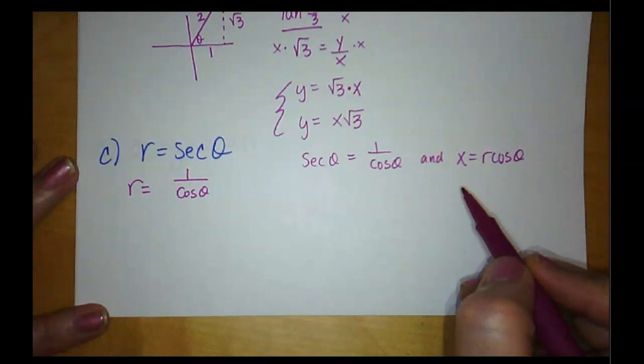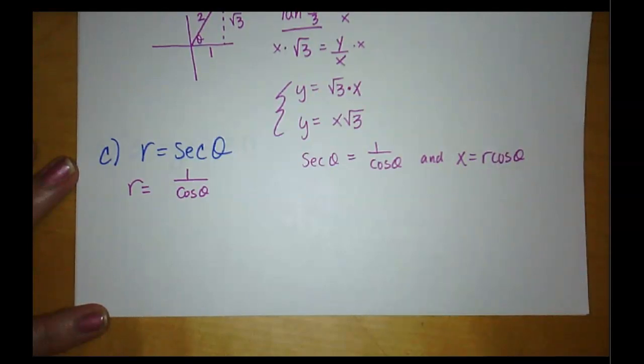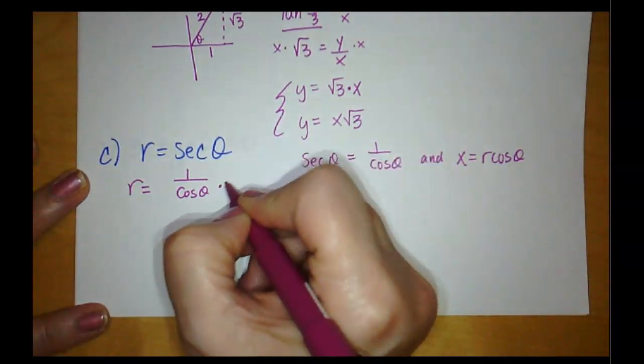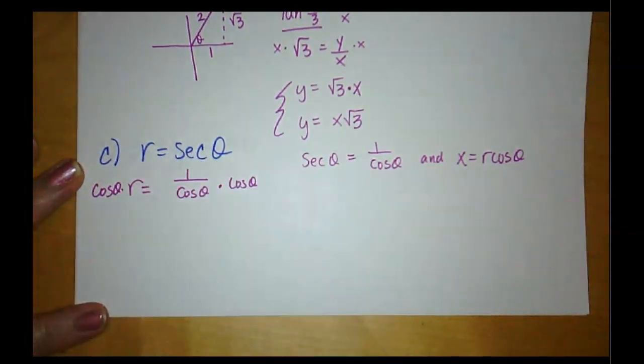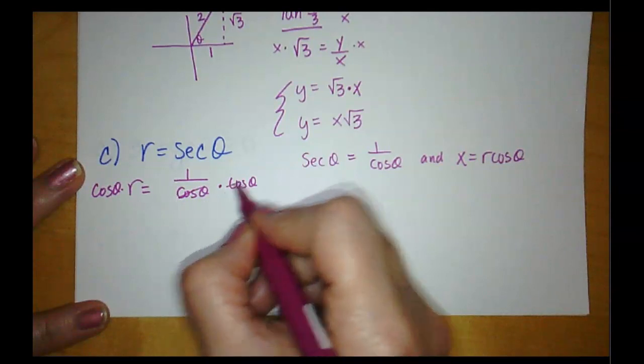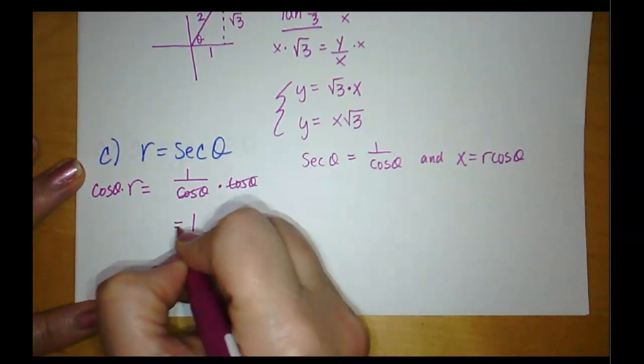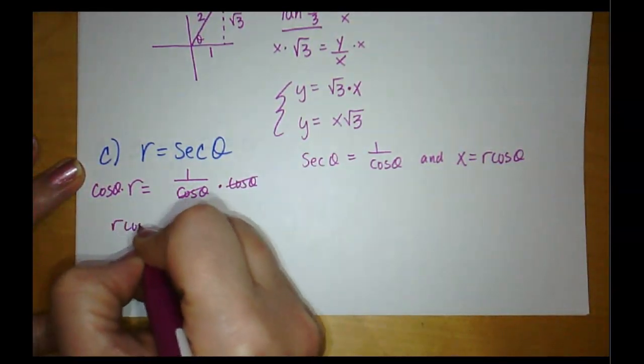All right, so 1 over cosine of theta. I have an r value here. I need to get my trig function out of the denominator any way you cut it, but I'm going to multiply both sides by cosine theta. All right, so what happens here? Those cancel. I have 1 equals r cosine theta.